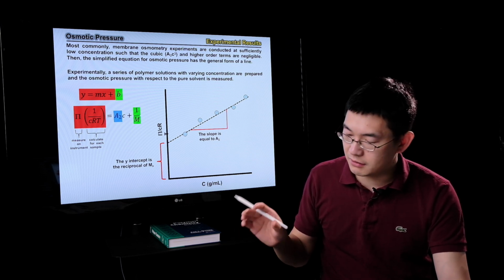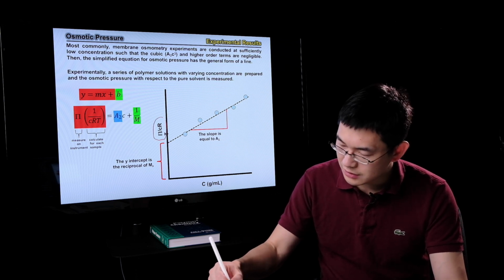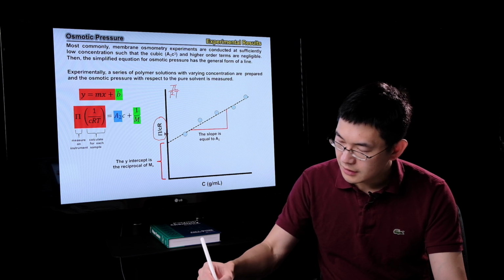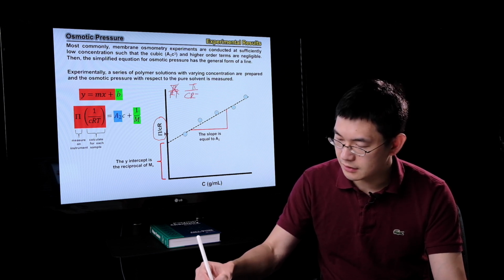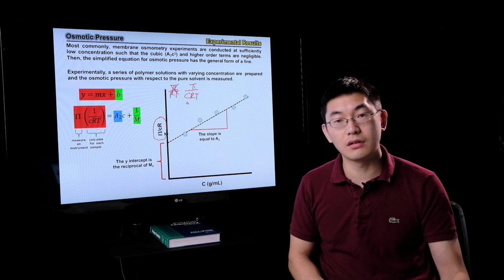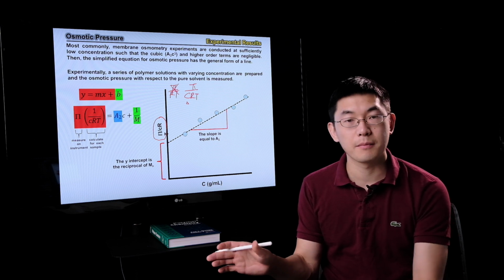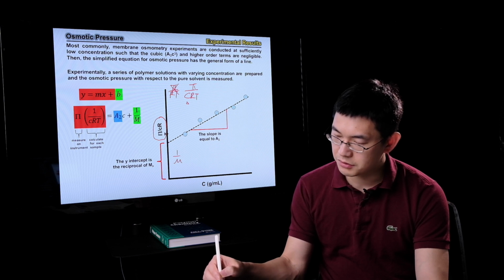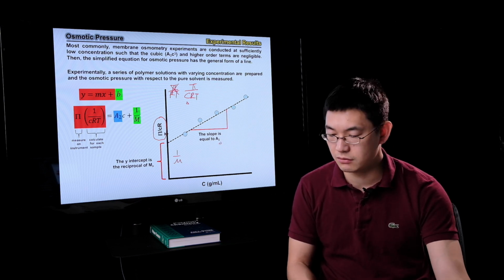Let me remind everybody, please pay close attention to the axis. This is not pi RT, okay? It's actually pi divided by CRT, where C is concentration. So you need to normalize by concentration first, then make this plot. As we know, the intercept will be 1 divided by M, and the slope will be equal to A2. You will have the opportunity to practice in the homework.